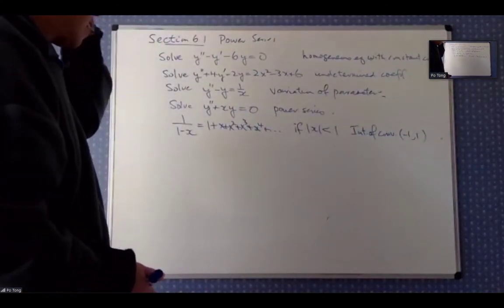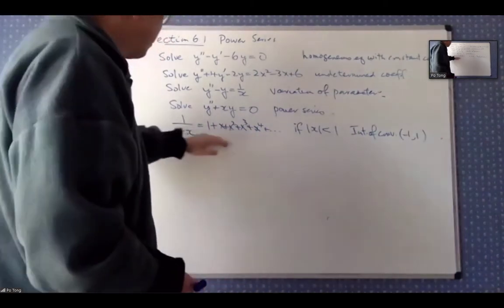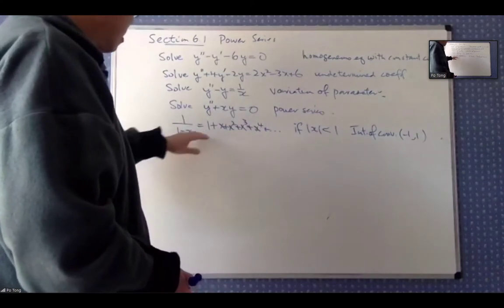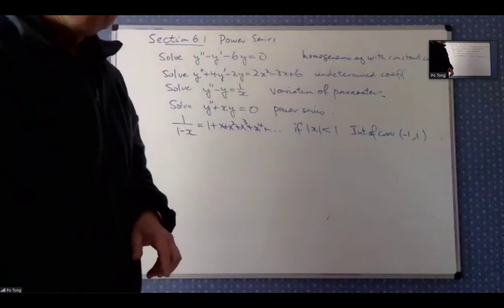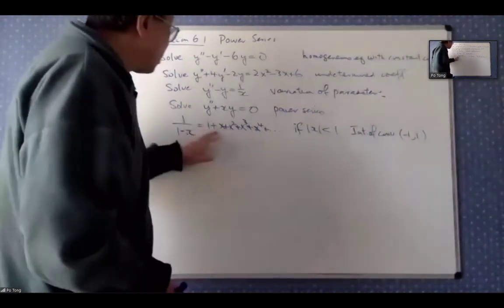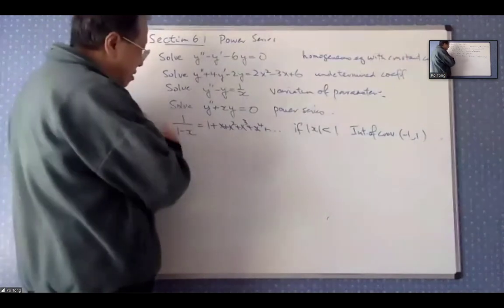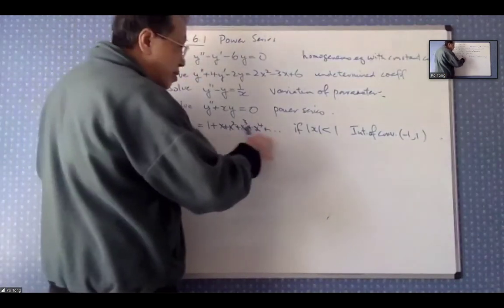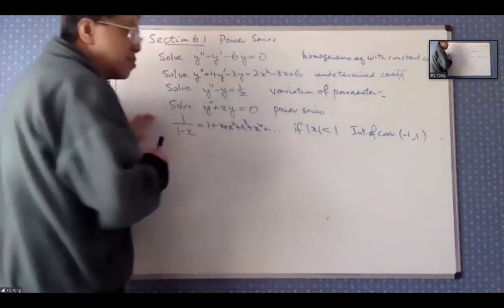If you put x equal to 1/2 here and add all of this up, you get some number. X equal to 3/4, you get some other number. So this is an approximation of the function, and if you take enough terms, it will be exactly equal to the function.